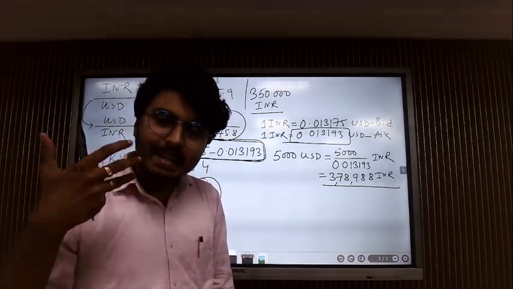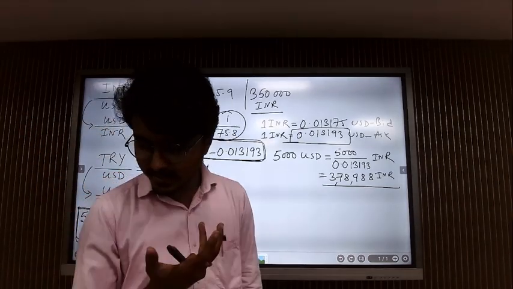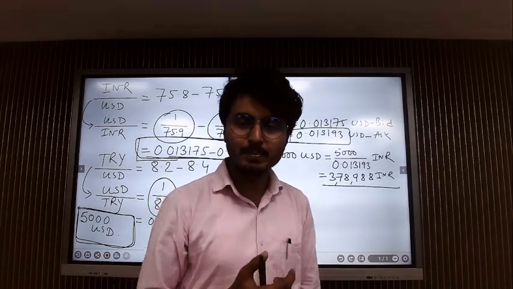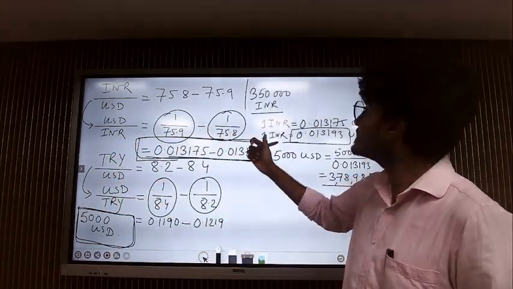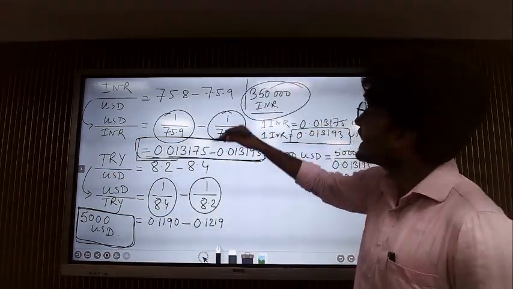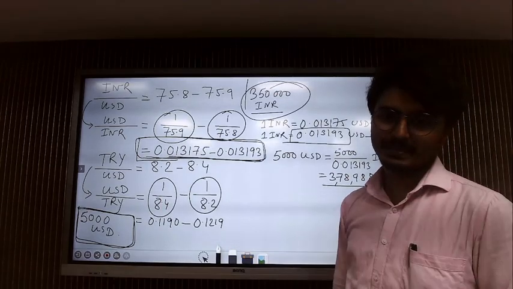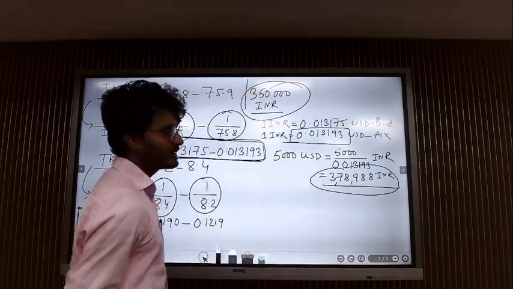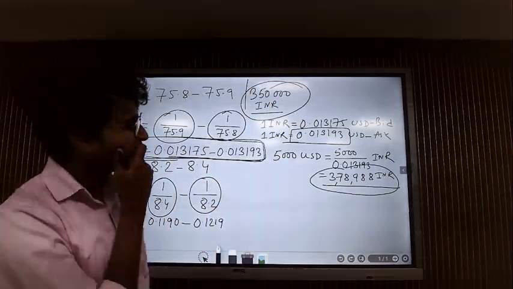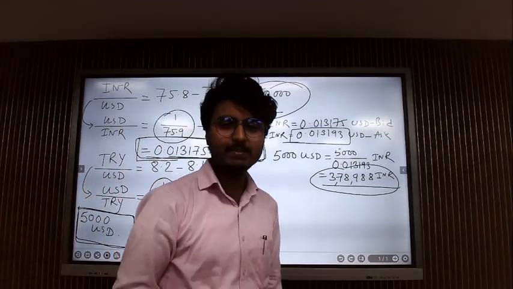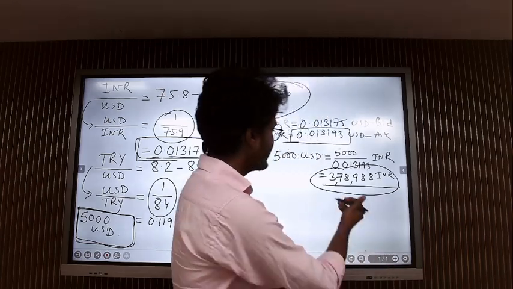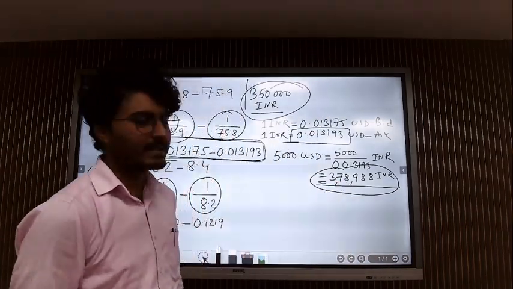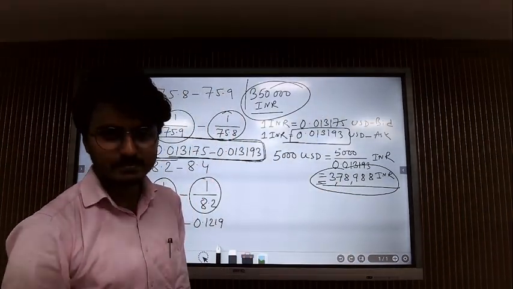So he can easily afford the India trip, because the trip cost 3,50,000. And in his hand, if he wants to buy INR by sacrificing 5,000 US dollars, he gets 3,78,988.